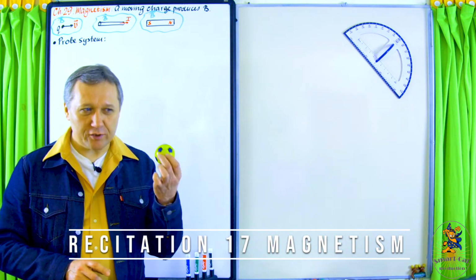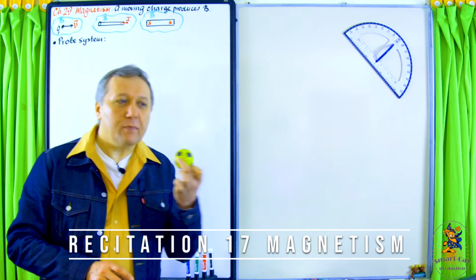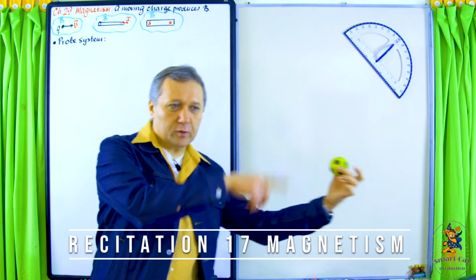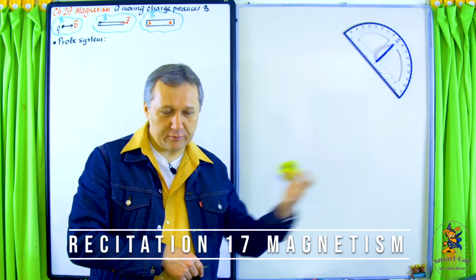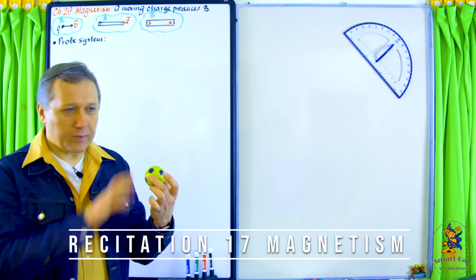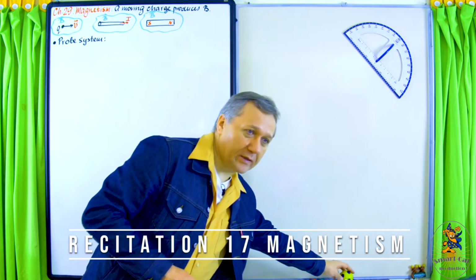If you have a stationary charge, it will never produce a magnetic field. It must move. Only when it moves will a magnetic field be produced around charges. If the charge is stationary, of course, an electric field will be there, but not a magnetic field. It must move in order to produce a magnetic field.